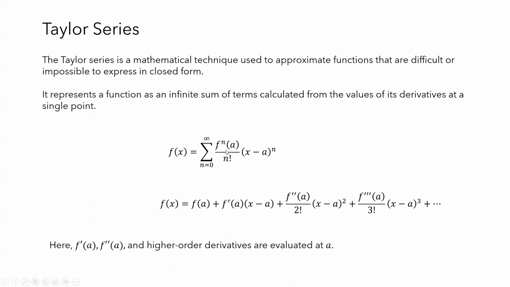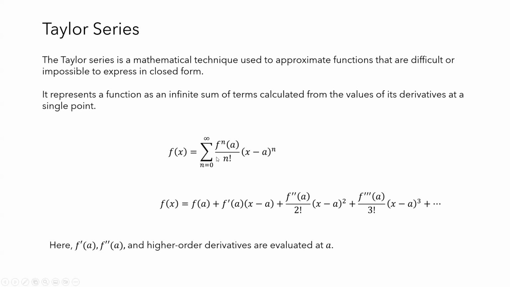So when we expand the function using Taylor series, we are doing it around some x value in this expression. So that center value is represented by a in this expression.